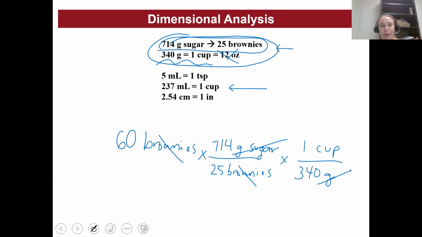So plug it into your calculator, multiply across the top, divide across the bottom: 60 times 714 divided by 25 divided by 340. When you plug this into your calculator, I do it like this.